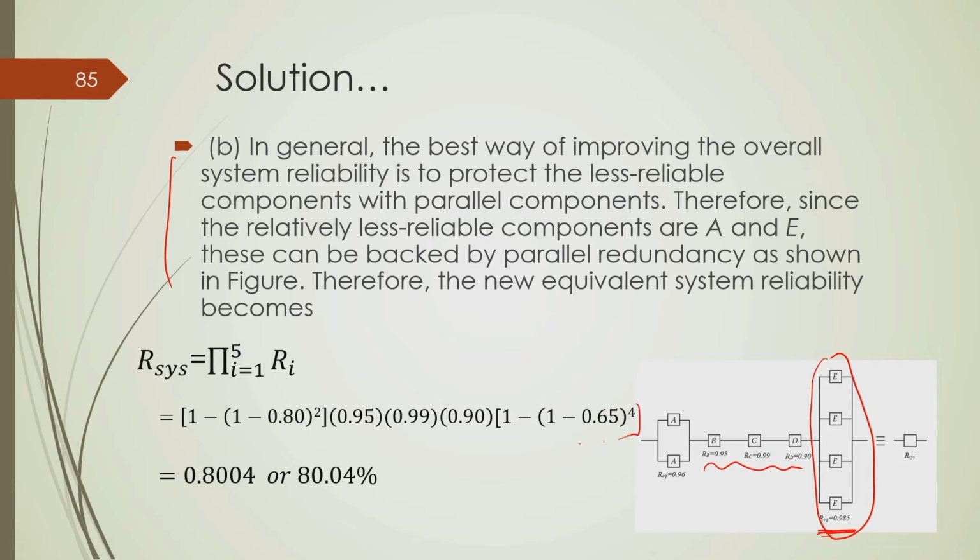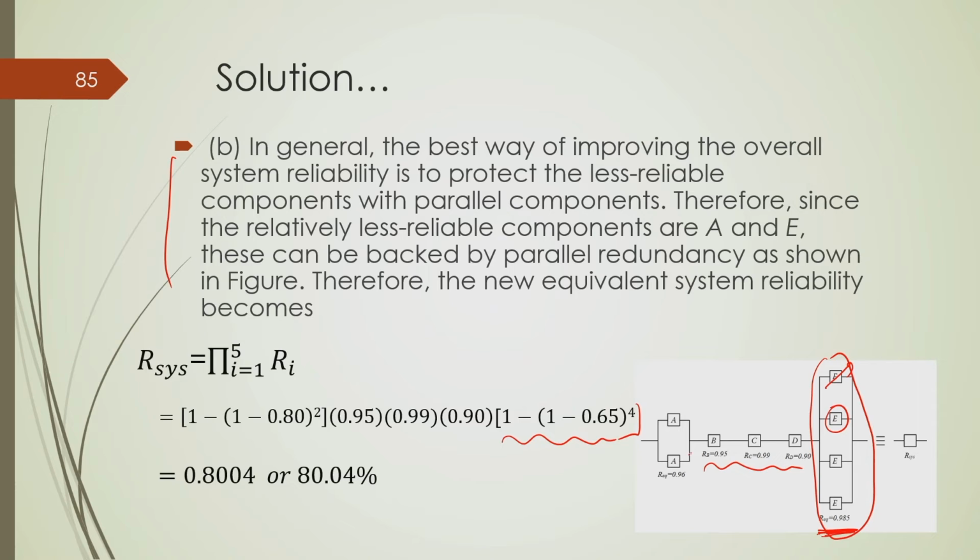In fact, if we use 4 identical units of component E in parallel, then the composite reliability level improves to 0.985, which is pretty high. So if one unit fails, another unit can be used in service, and the overall functionality of the system will be intact.